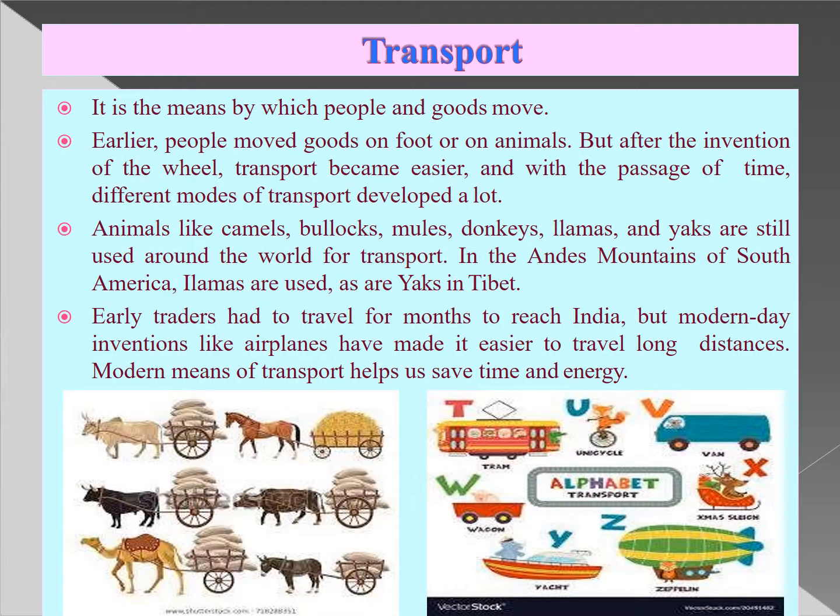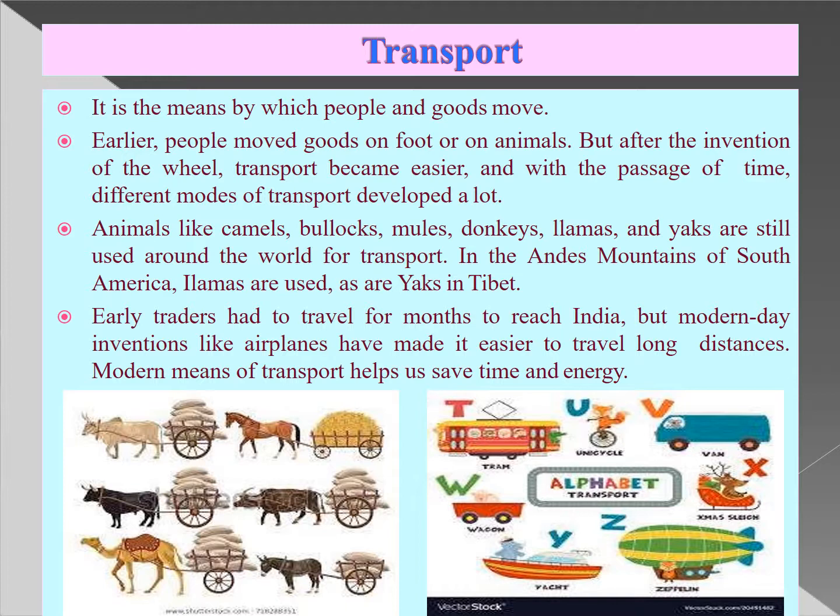The next topic is transport. Transport, we all know, is the means by which people and goods move. Earlier people moved goods on foot or on animals, but after the invention of the wheel, transport became easier, and with the passage of time different modes of transport developed a lot.